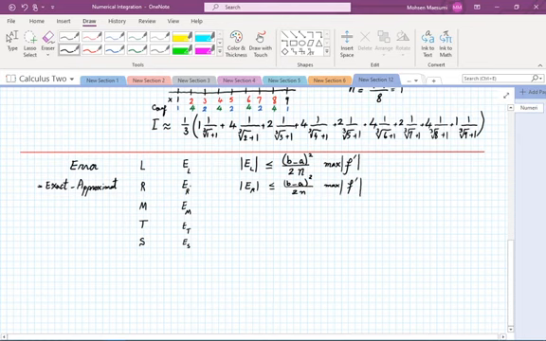For the midpoint and the trapezoid, for midpoint this is going to be b minus a cubed over 24 n squared, and it's going to depend on how high the second derivative is going to be.